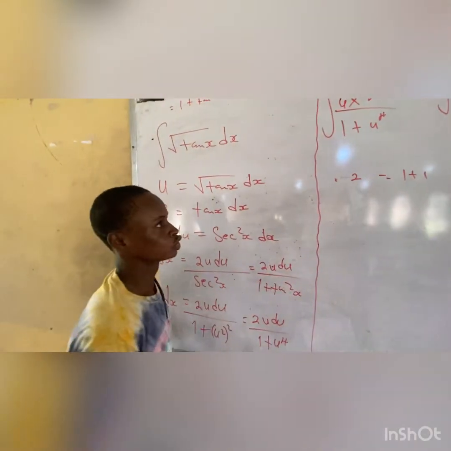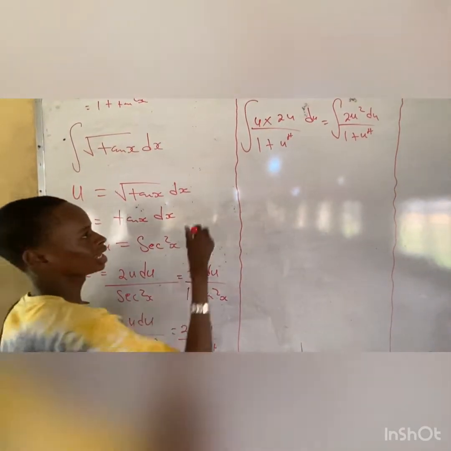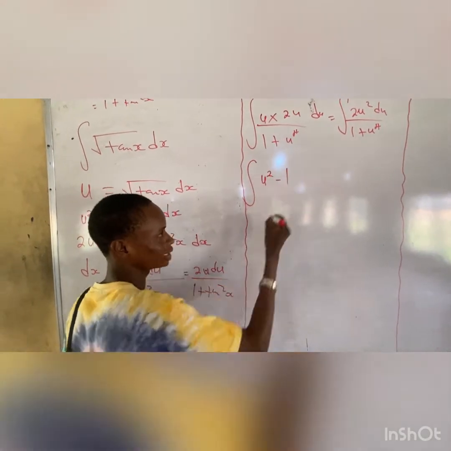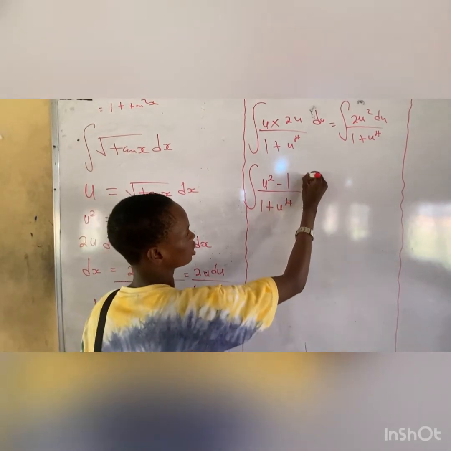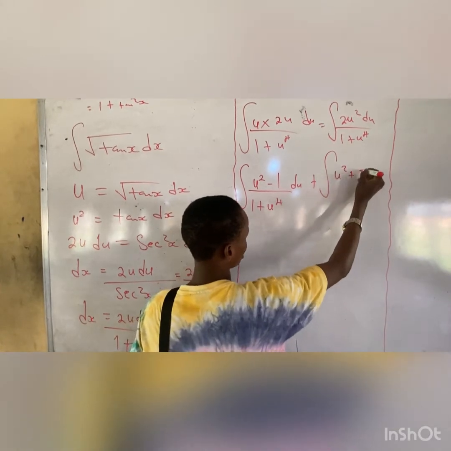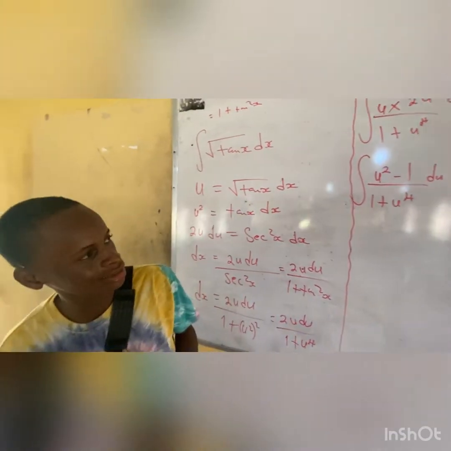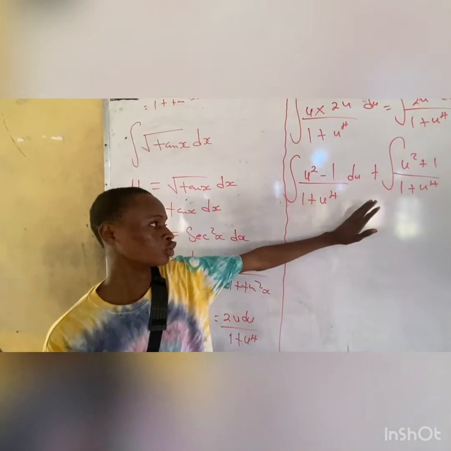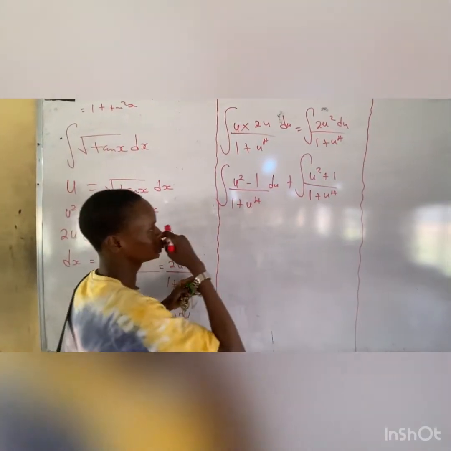As a result of this, you can split 2u squared as the integral of u squared minus 1 over 1 plus u raised to the power 4 du, plus the integral of u squared plus 1 over 1 plus u raised to the power 4. This is one of the most difficult integrals, though we also have some that are more difficult, but let's continue with this.